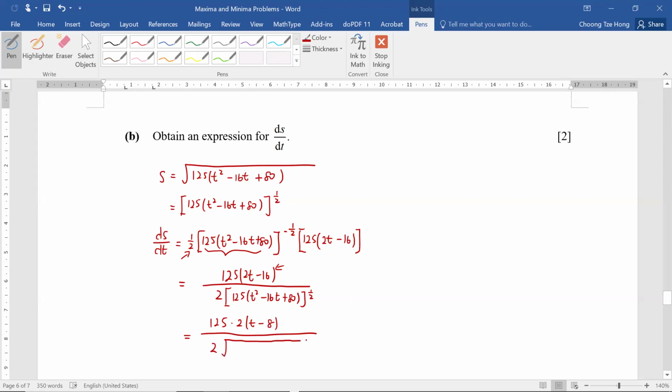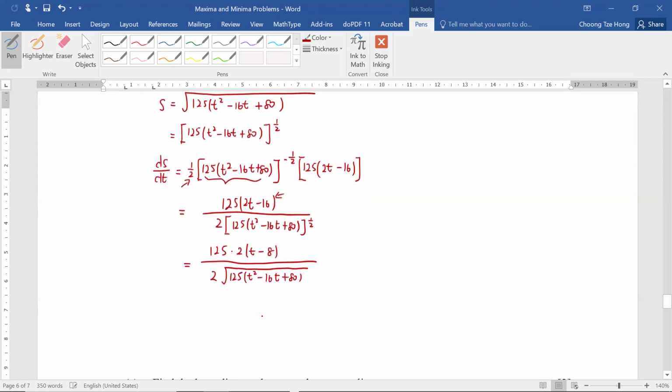Now I'll return it to the square root form, square root of 125t² minus 16t plus 80. Then finally the 2 can cancel off over here. So you'll just be left with 125(t minus 8) over the square root of 125t² minus 16t plus 80.